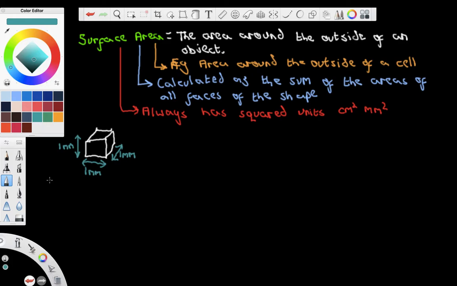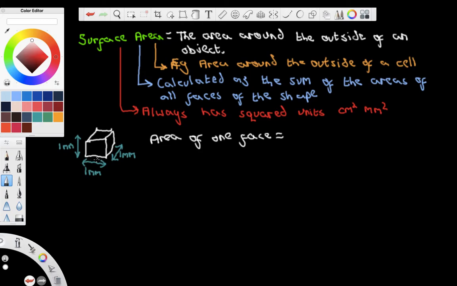Now remember, a cube has 6 faces. So we need to calculate the area of one face and then times that by 6. So we can say area of one face is equal to the width times the height, okay?